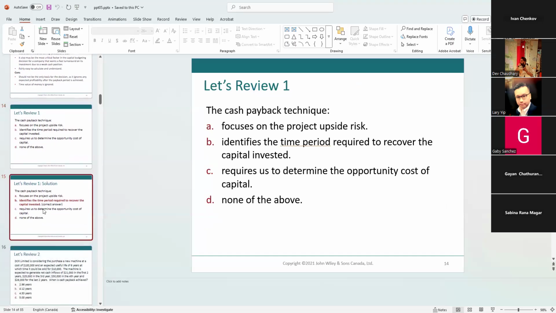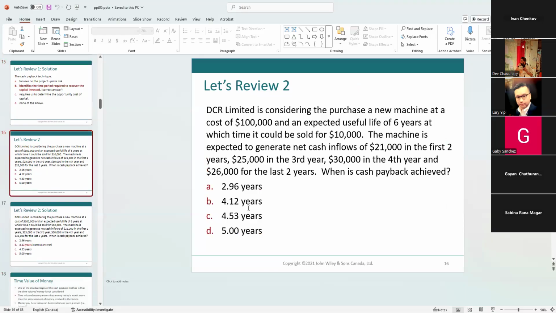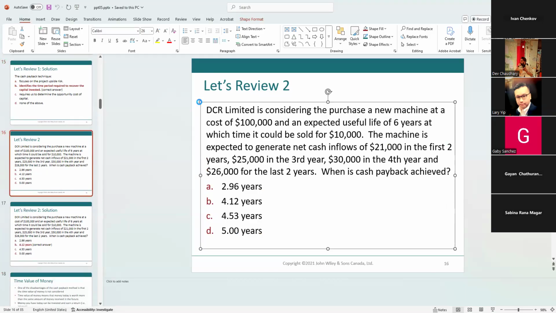We already did this question, and we identified that the time period required to recover the investment is the correct answer. We did this one in the classroom, but I can easily redo it here for those of you who haven't had the chance to understand it during class.